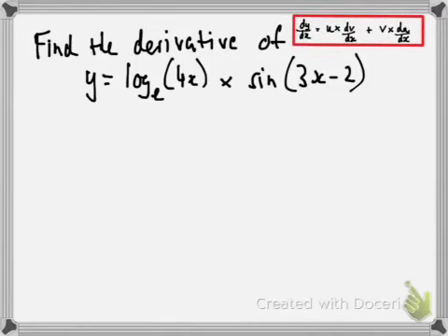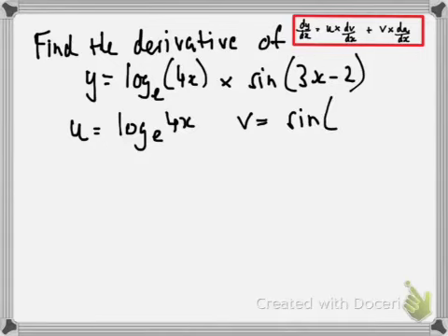And of course we identify, before we go any further, that u is the first function. It doesn't have to be the first one, but best to work from left to right. And v is the second function.